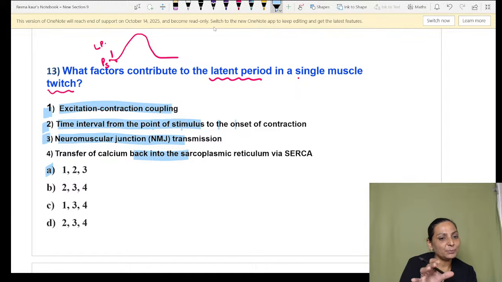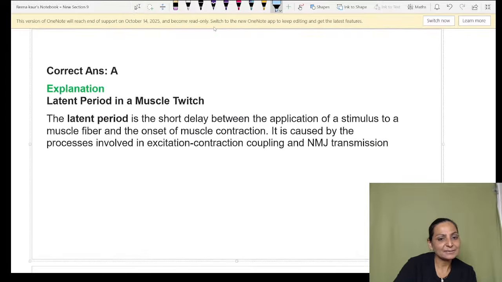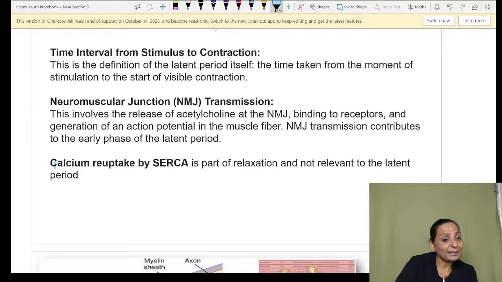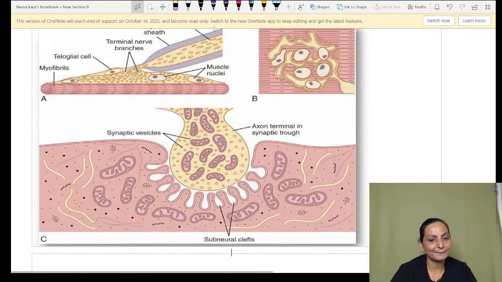This latent period will include everything involved in excitation contraction coupling and neuromuscular transmission. Calcium reuptake is a part of relaxation and is not relevant to the latent period, so it is excluded.